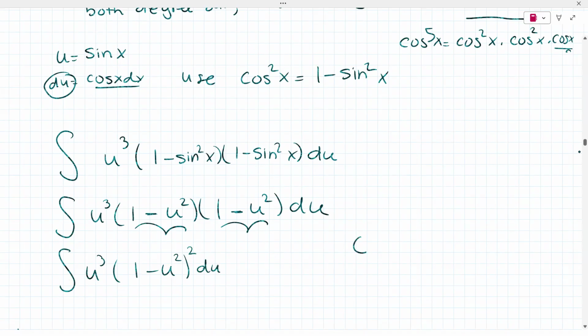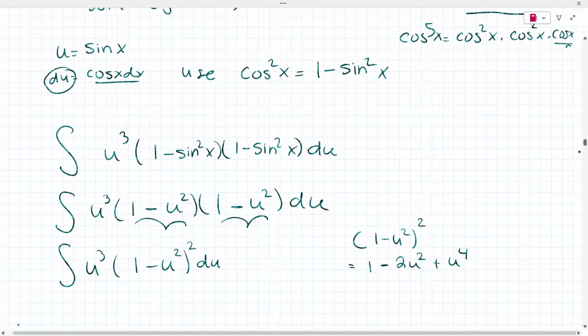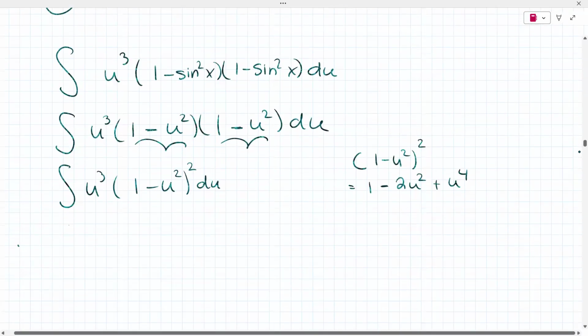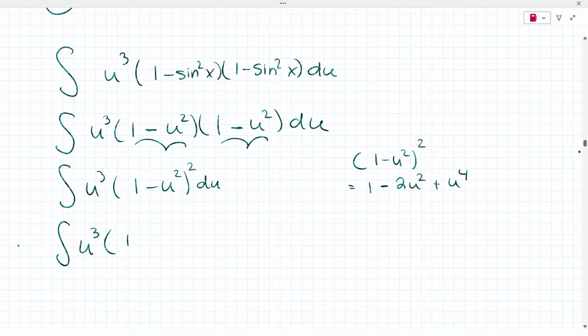And then let's clean that up. What's 1 minus u squared to the second power? That's the same thing as 1 minus 2 times ab, so that's negative 2u squared plus u to the fourth. So that's going to be simplified as 1 minus 2u squared plus u to the fourth du.